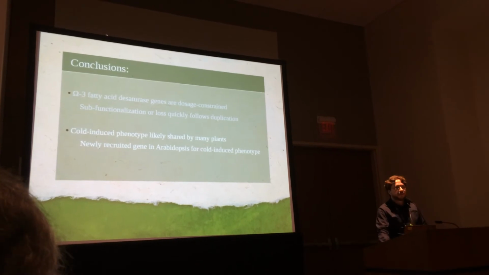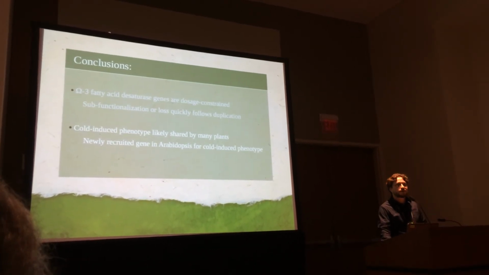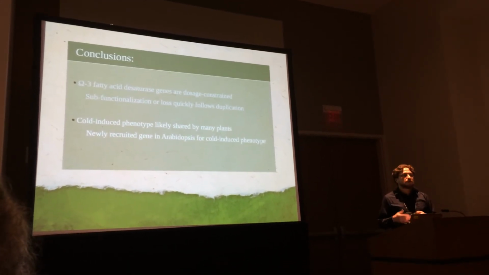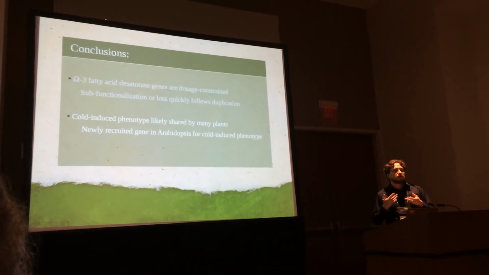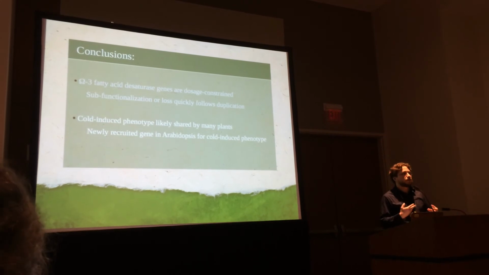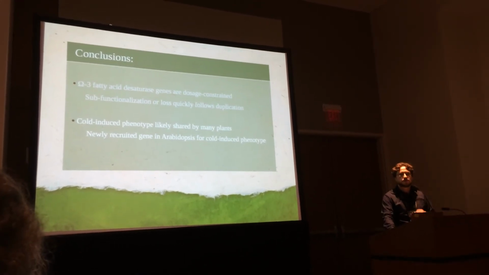So that's really the whirlwind tour of this project. And what we're trying to understand is how the dosage constraint works, and what happens to specific functions when you go through so many rounds of duplication plus dosage constraint.